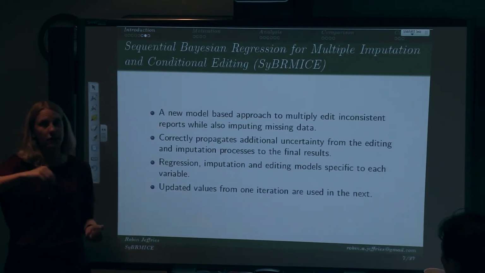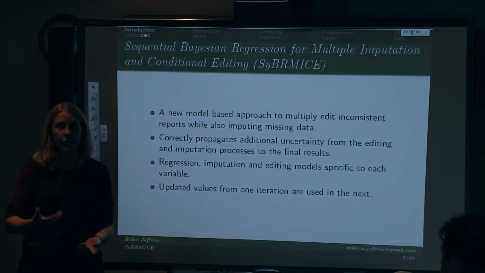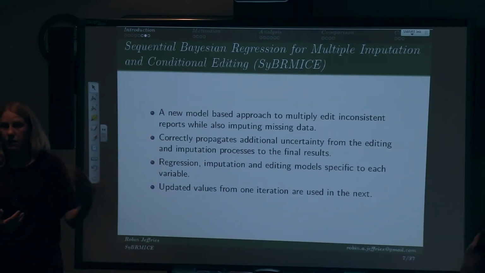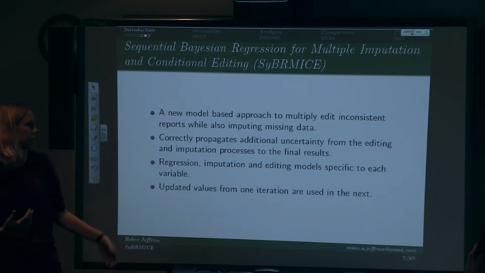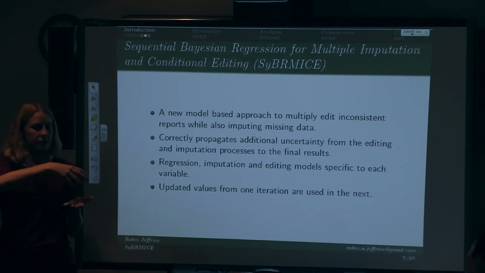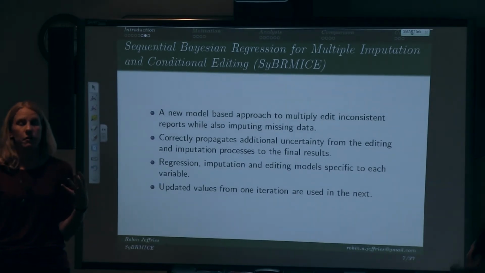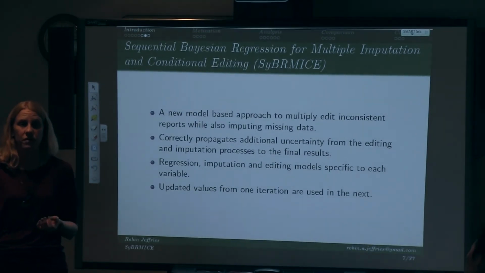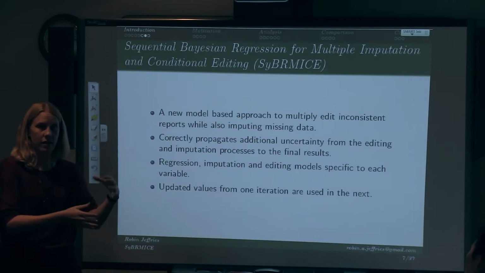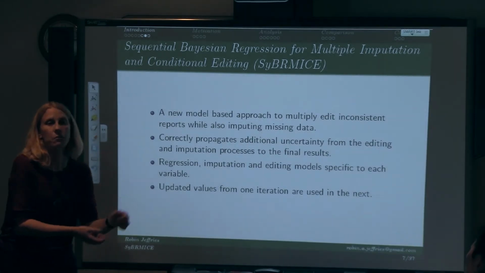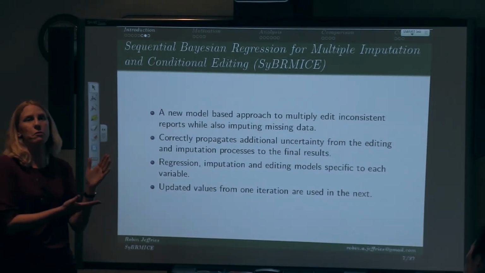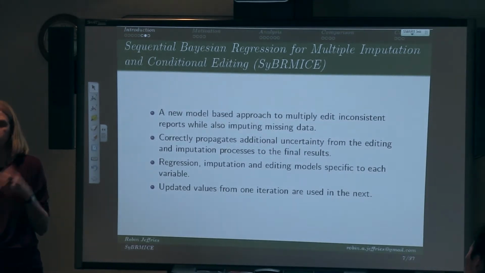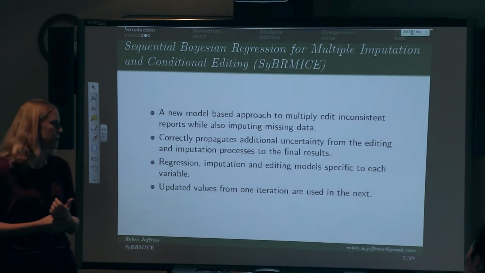It correctly propagates the error that you're incurring by applying a random editing or imputation process, and it's variable specific and very customizable. The regression model is your imputation model and your editing model, and they are all variable specific. So this variable may be missing in this framework, and this variable may be missing in this framework, and this one may have a different set of inconsistencies, and we'll have examples for those.